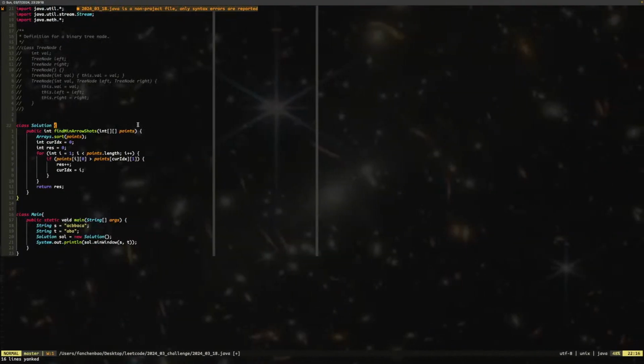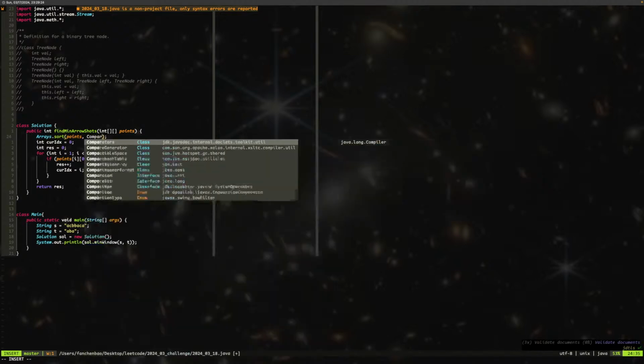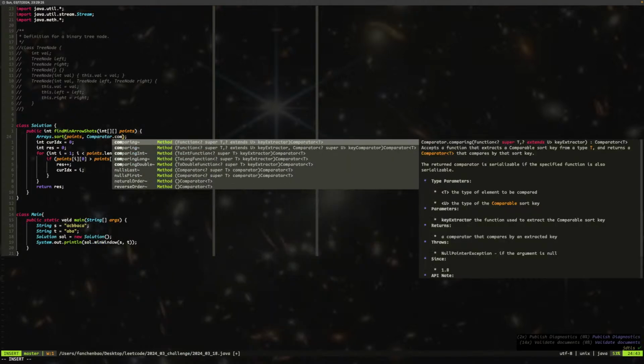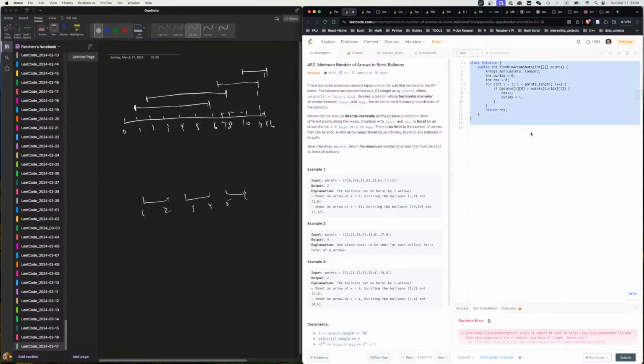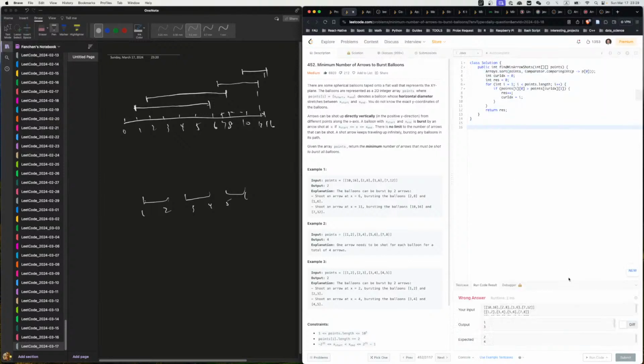Do I need to say Comparator.comparing, int current p, p[0]? Do I have to do something like this? Is this what we're looking at? Yep, it is. But it's not right.